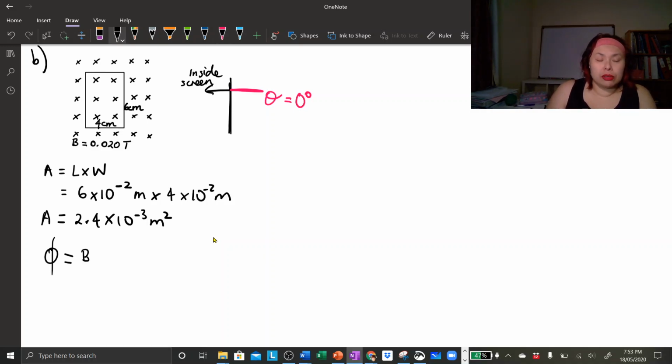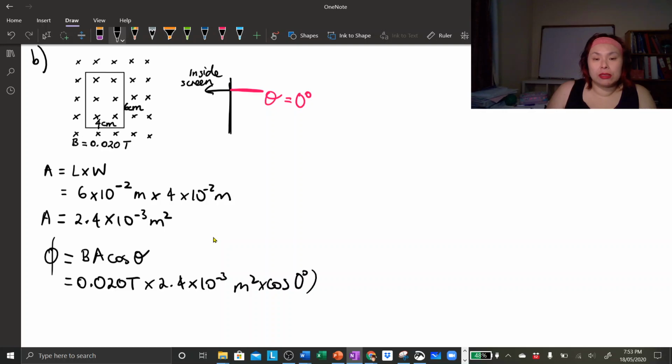So we will have the maximum magnetic flux, so we need to do the magnetic field strength multiplied by the area multiplied by cosine of theta. So we have 0.020 Tesla multiplied by 2.4 times 10 to the negative 3 meters squared multiplied by cosine of 0 degrees. And this will equal 4.8 times 10 to the negative 4 Webers.